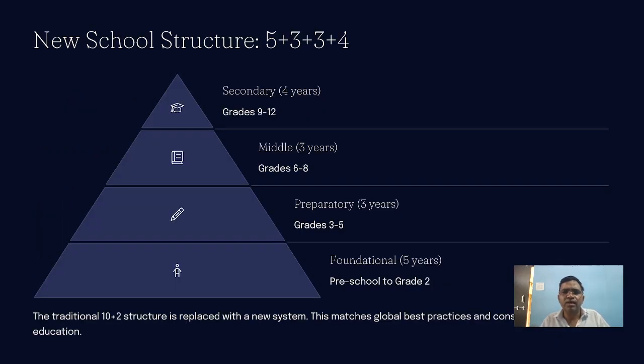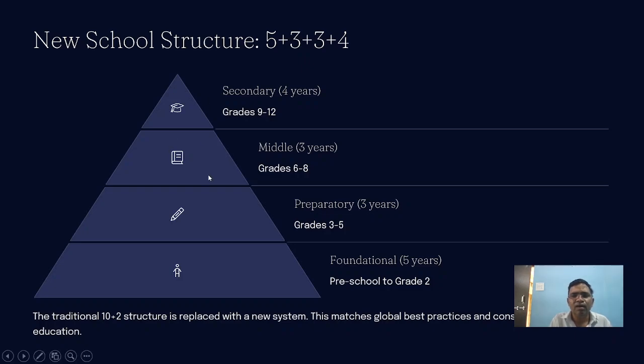Here, see, the new school structure is 5 plus 3 plus 3 plus 4. See, in this particular pyramid, you can see that the foundational stage is 5 years. So it is preschool up to second grade, and the preparatory stage is grade 3 to 5, and this consists of 3 years.